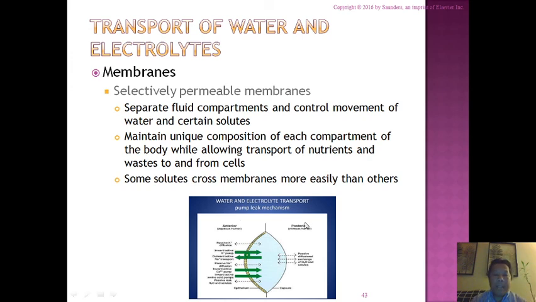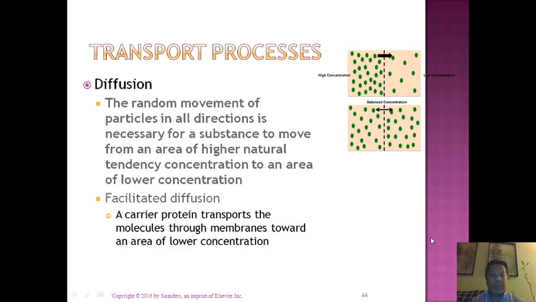And there are electrolytes that can help in maintaining the concentration of solution in between a semi-permeable membrane or selectively permeable membrane. One of the most important concepts that we need to understand in transport processes is the principle of osmosis and diffusion.